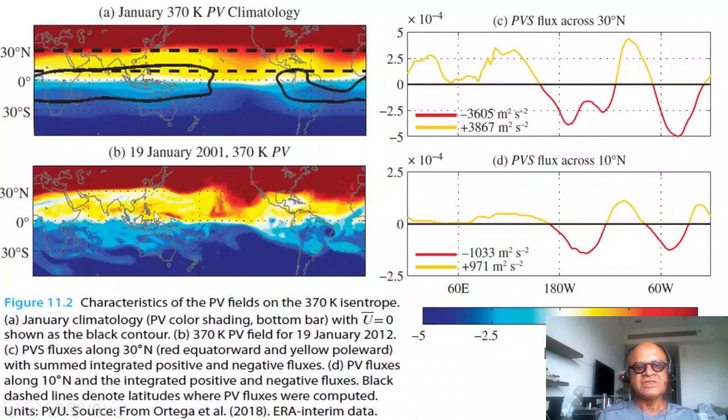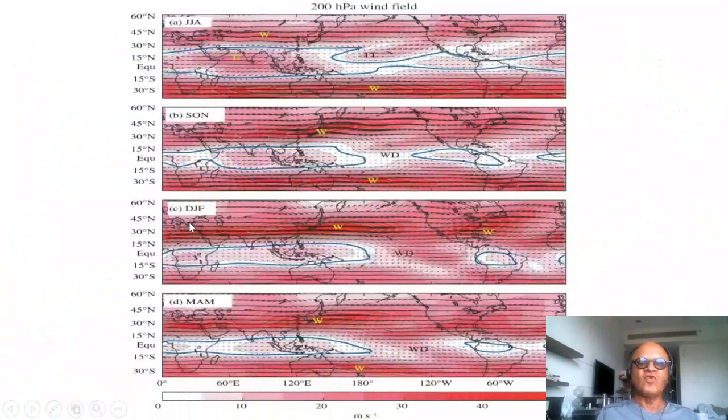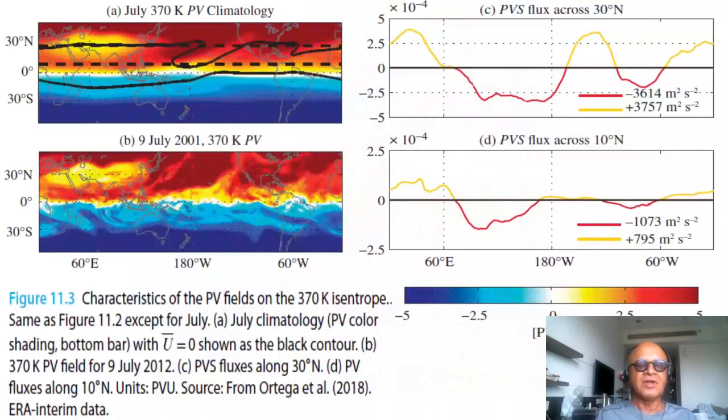And we will see that this dissipation is going to be critical for maintaining the zonal flow in the deep tropics in the upper level. So this is what we are looking at. Strong jet, exit region, upper trough, westerly duct, the seasonality of it, and the interaction with the extratropics, and then PVS going back into the extratropics.